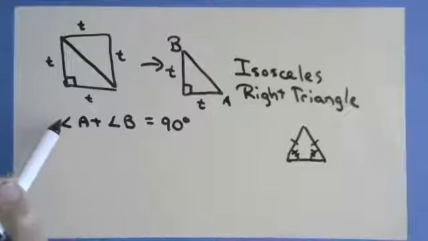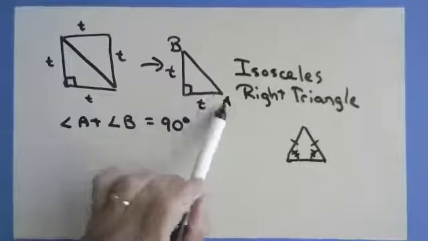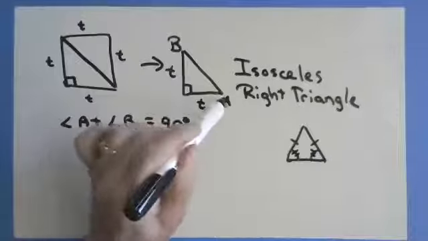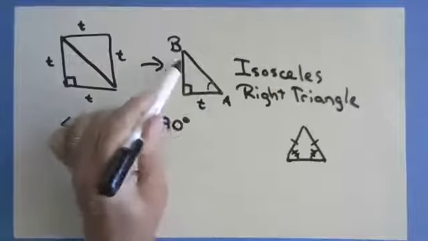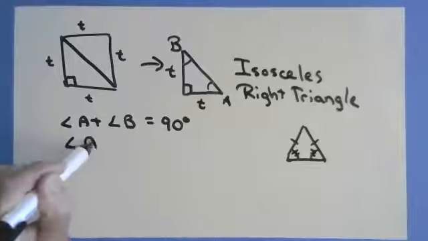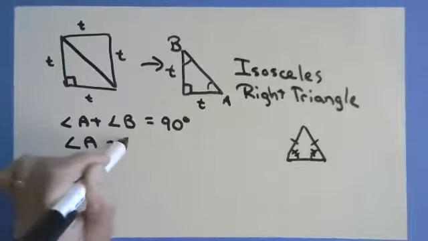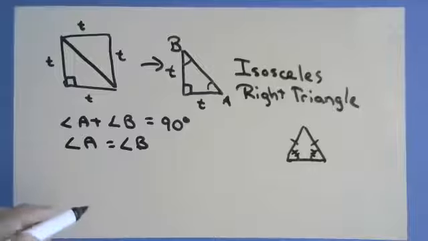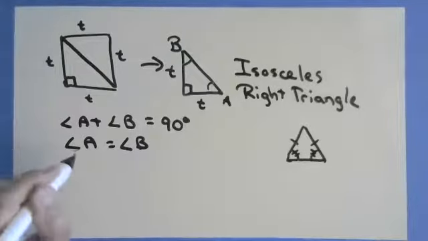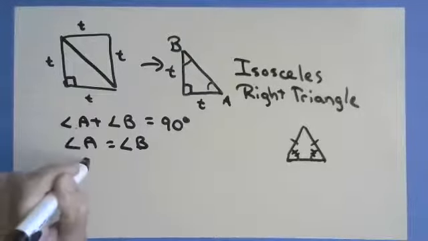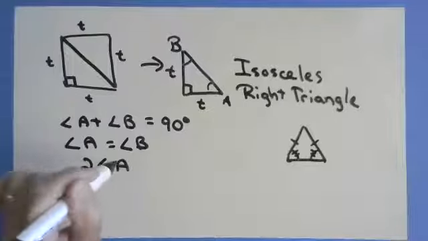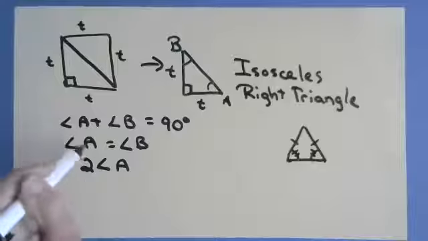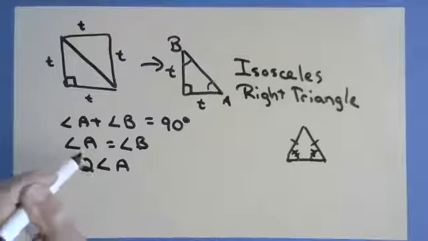So if we know that the two interior angles of our right triangle add up to 90 degrees, and it's an isosceles right triangle, that tells us that the measure of angle A is equal to the measure of angle B. And since they add up to 90 degrees, that tells us that twice the measure of angle A is 90 degrees, because if we add A and B together and they're equal, that's the same as adding A to itself.